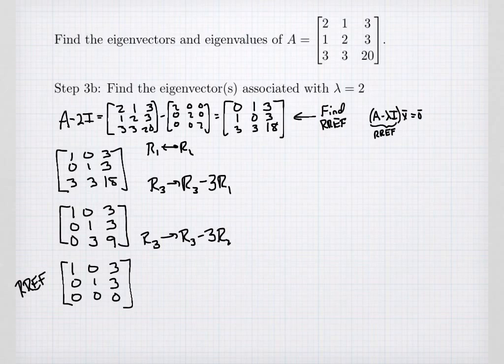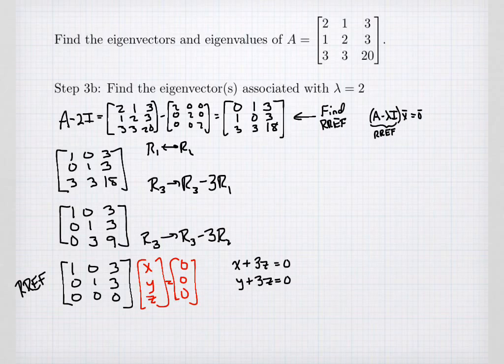And I'm going to interpret it. If I think of this as 3 variables times that matrix equals 0, 0, 0, then I get 3 equations. I get x plus 3z equals 0, y plus 3z equals 0, and the third equation, 0x, 0y, 0z equals 0.